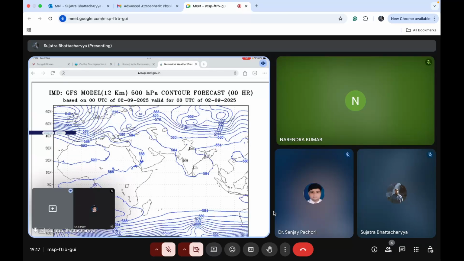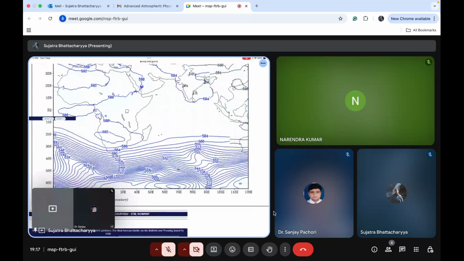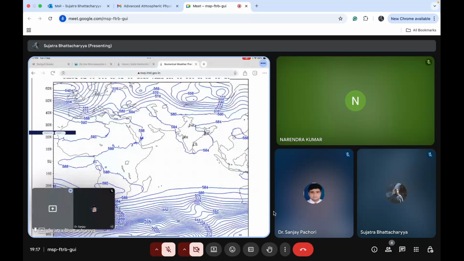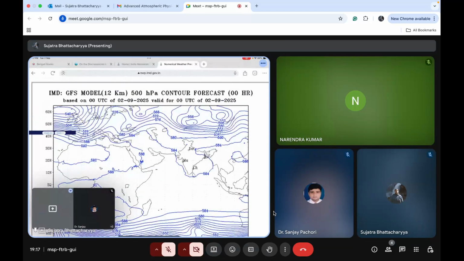Just now what we have derived. Here you will find that there is a variation in the geopotential phi. This 576, 588, these are geopotential height. Fine. This is what I wanted to show you. All right.